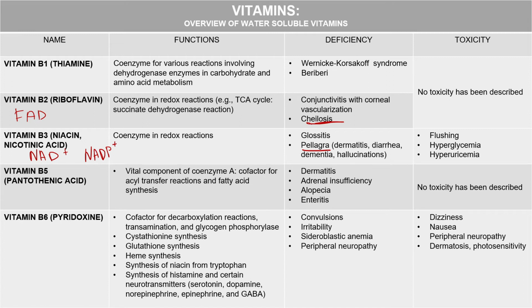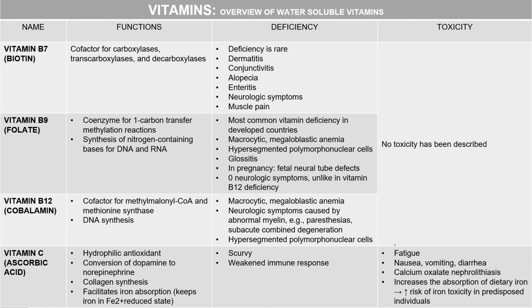Vitamin B6 deficiency is quite rare, and as you can see, usually has those common symptoms in the deficiency. If we take vitamin B7, biotin, again, it is not that high yield, so deficiency is rare, and it's mainly a factor for carboxylases, transcarboxylases, and decarboxylases.